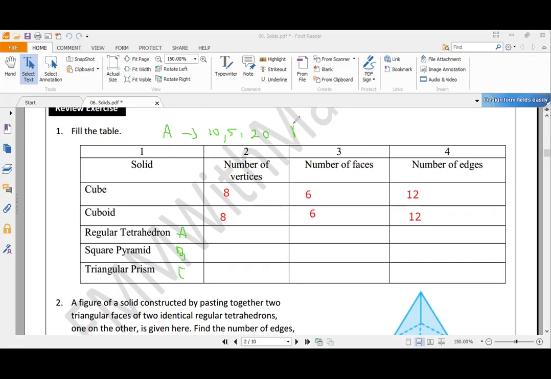Then again B, and C. No need to type the solid names, just A, B, C. Do it fast. If you cannot remember, that's okay. I will give you 2 minutes.